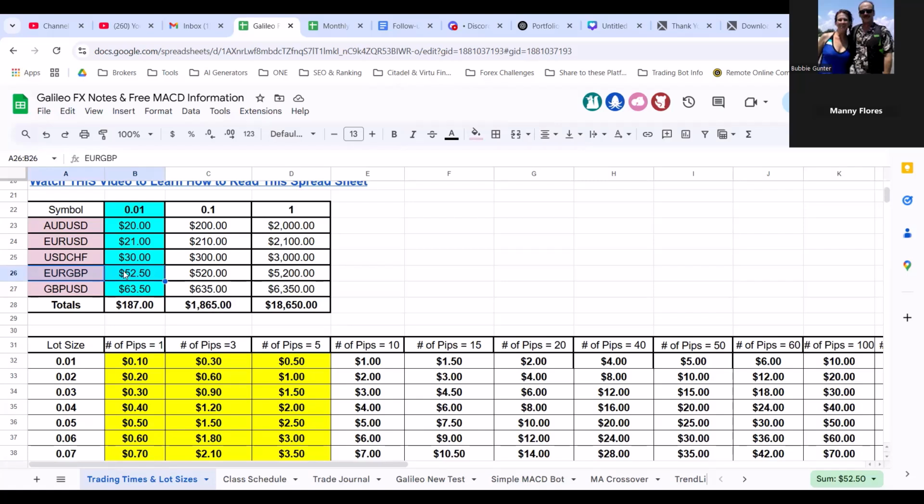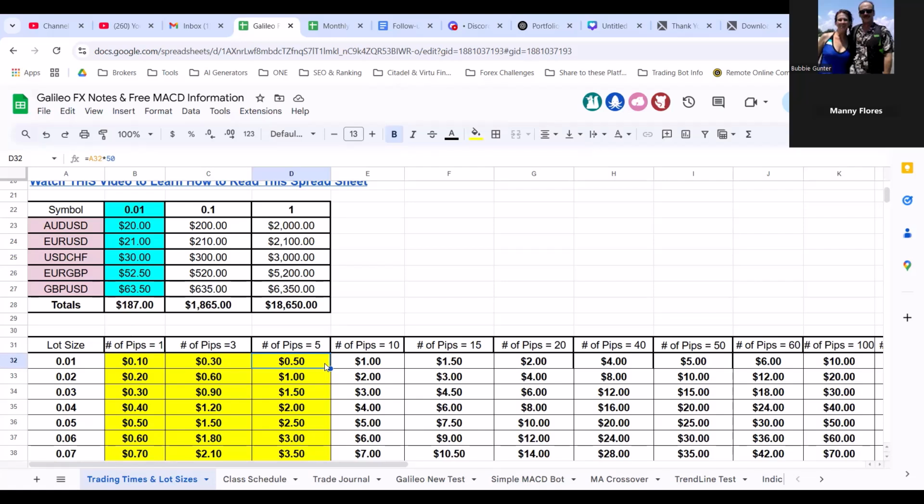I could take the $200 and buy another 0.1 of Australia with that 250. And to me, if you're moving from 0.01 to 0.1, you're actually progressing into your lot size. That's my whole goal, is to move the lot size up.